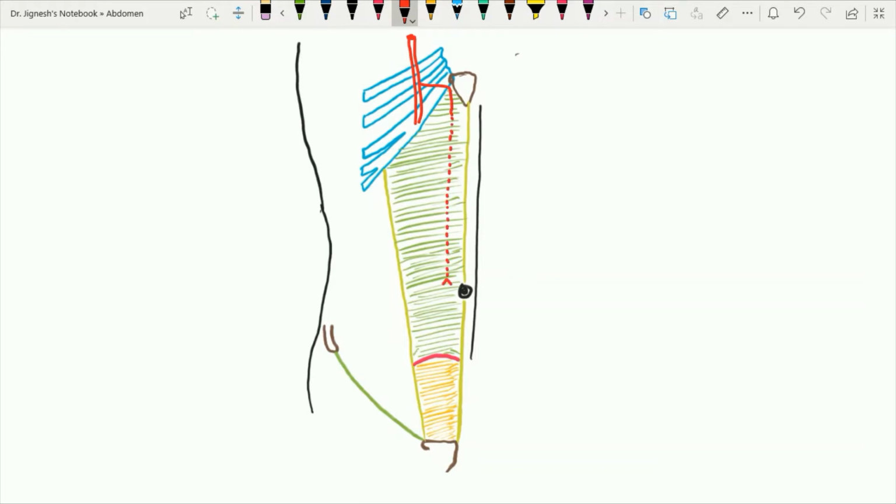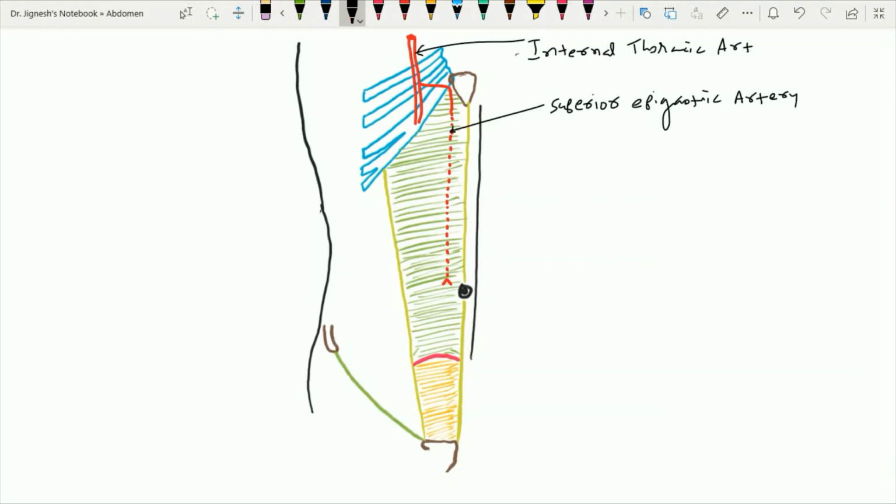And this vessel is going to run between the posterior surface of the rectus abdominis muscle and the posterior wall of the rectus sheath. So it lies between these two structures, and that's why we have shown this vessel in a dotted fashion.